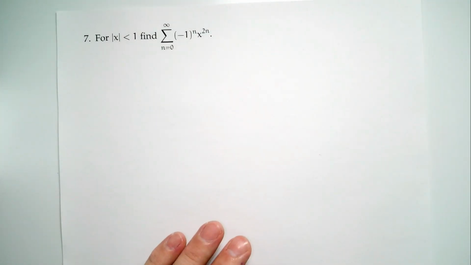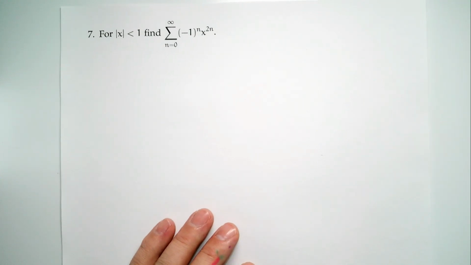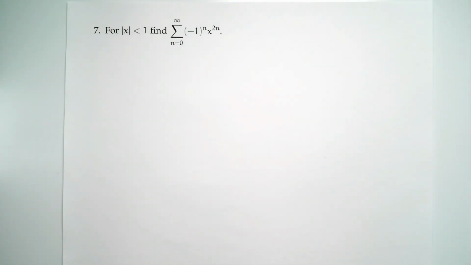All right, number 7. Suppose x is something and it's less than 1 in size. Find the summation n equals 0 to infinity of negative 1 to the n x to the 2n. All right, so x we can think of as just some fixed number.